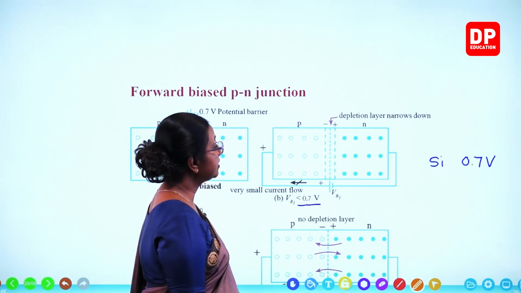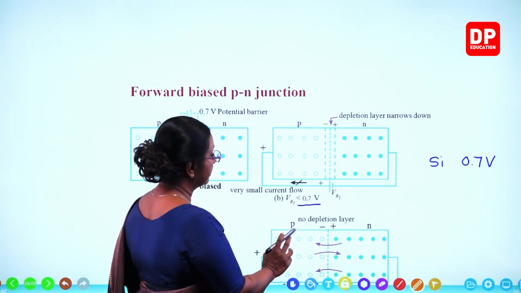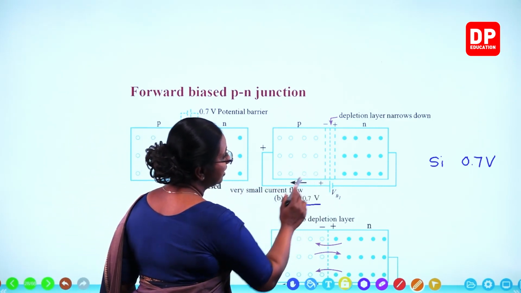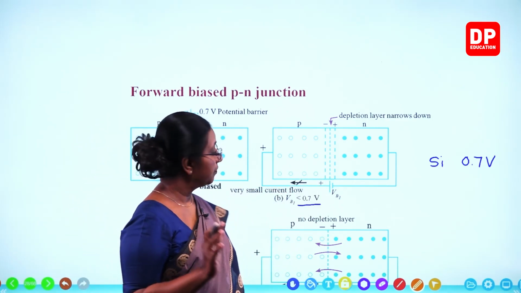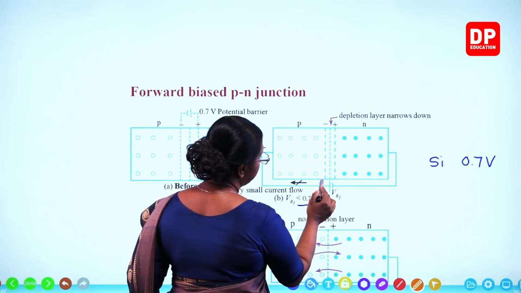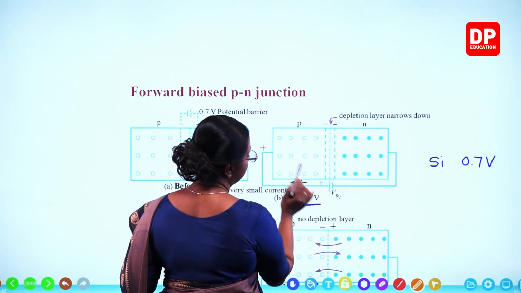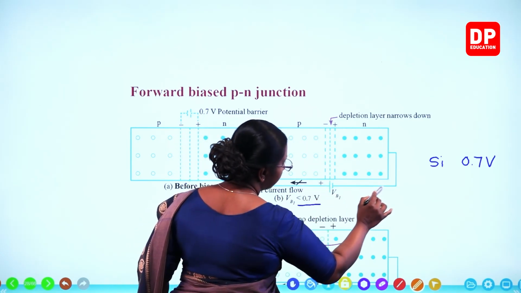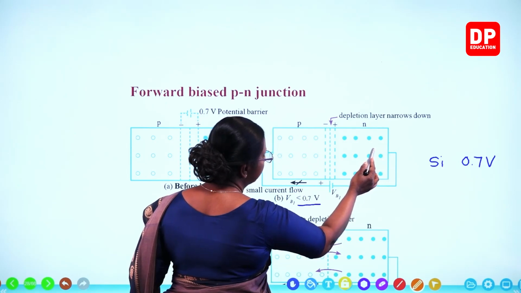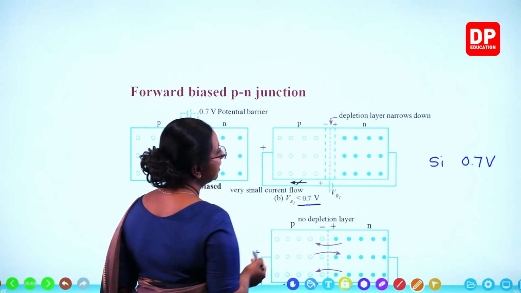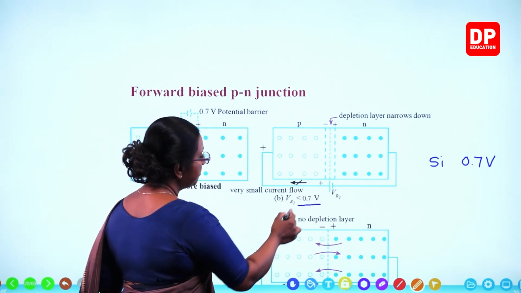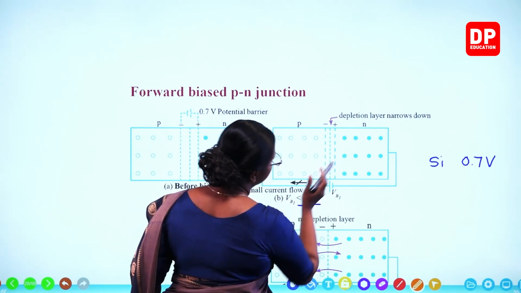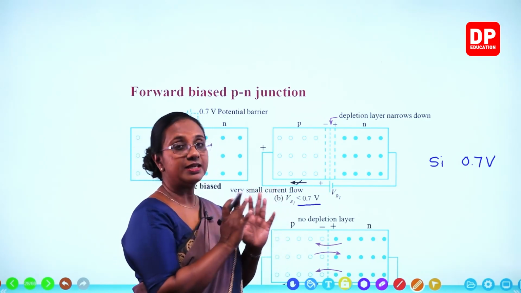Although there is a potential difference, compared to the previous one, this depletion layer is narrow. Why? The positive terminal is connected to the P side and the negative terminal to the N side. Electrons will be pushed towards the depletion layer, and at the same time holes start moving this way, again pushing the depletion layer towards the center.